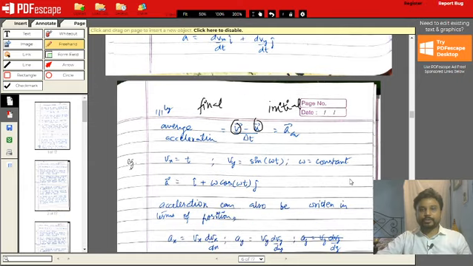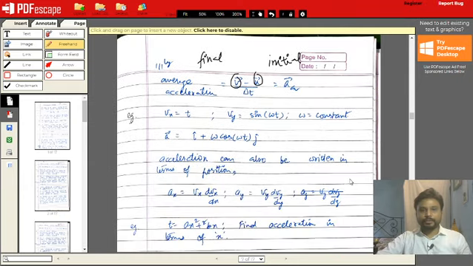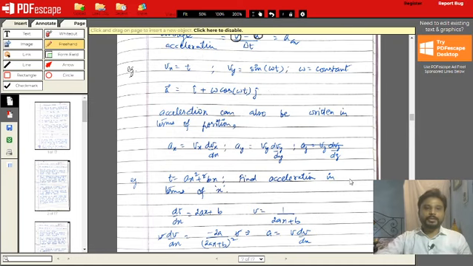So let us now jump on to some questions. Let us take an example. We have to write the average acceleration and the instantaneous acceleration of a particle which has velocities in the x and y directions like this. The velocity of the particle in the x direction is equal to t. The velocity of the particle in the y direction is equal to sine omega t, and omega is some constant. So what is the acceleration?